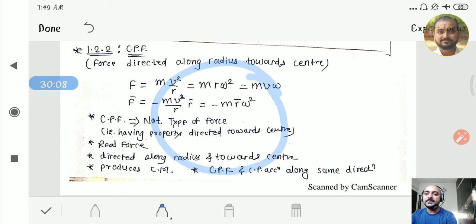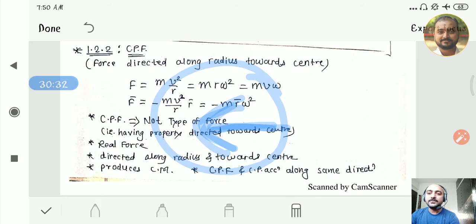This is the circular path, and this arrow indicates the direction opposite to the radius vector. So the force which is directed along the radius towards the center is called a centripetal force.